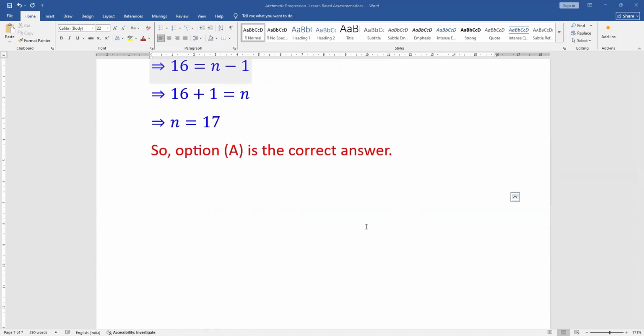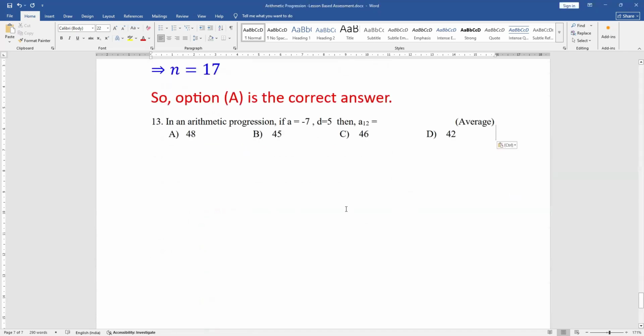Okay, now I go for the 13th question. In an arithmetic progression, if a equals -7, d equals 5, then a12 equals question mark.